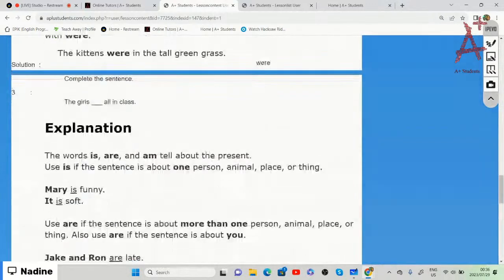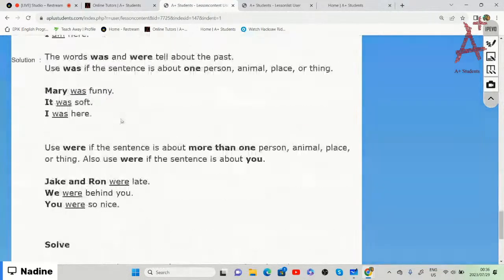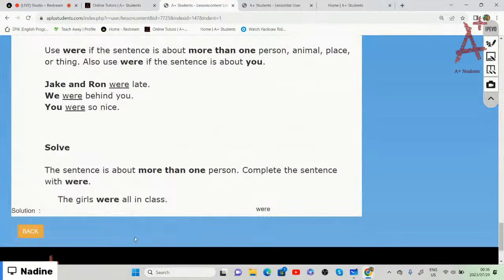The kittens were in the tall green grass. So they were. The girls, do we say the girls were all in one class, right? Or we can say the girls are all in one class. We can either use are or were in this case. And it is were, right?